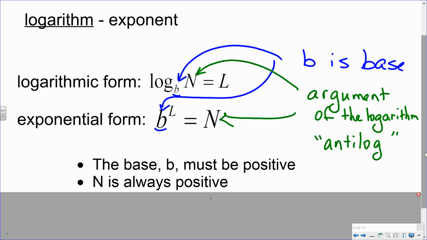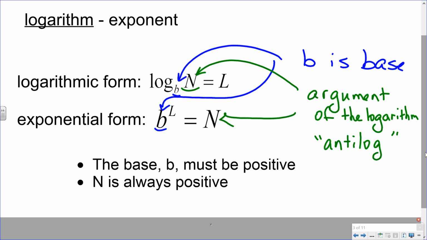But the anti-log would be this argument of the log, or it would be the answer when it's in exponential form. And it must also always be something positive.